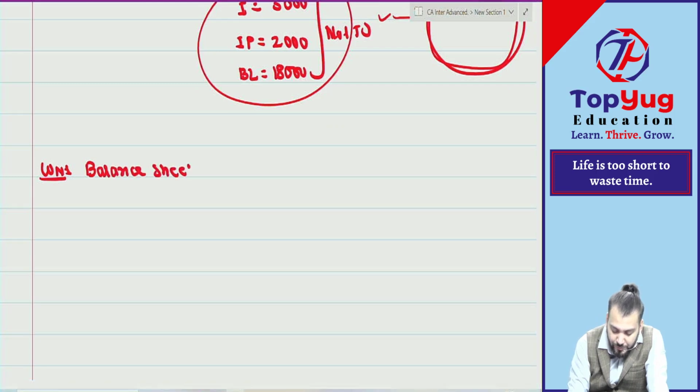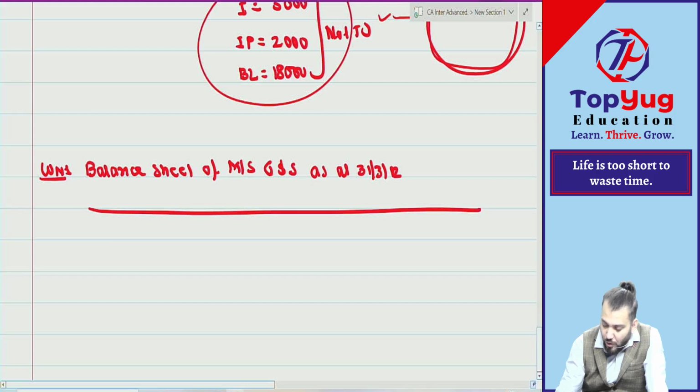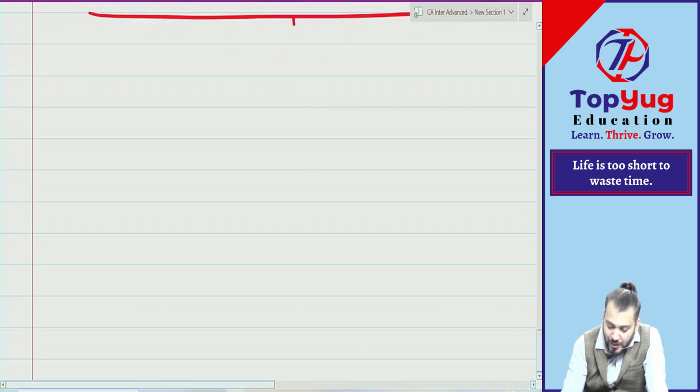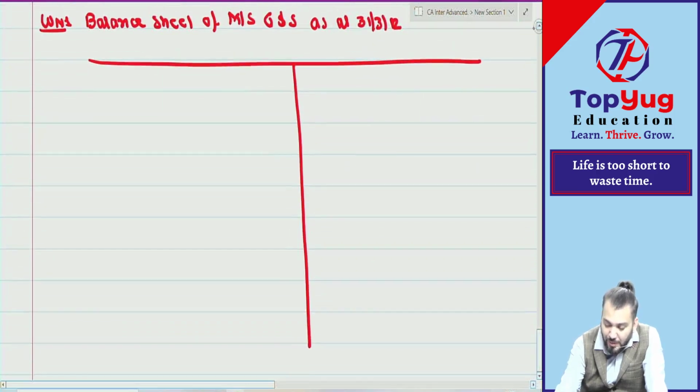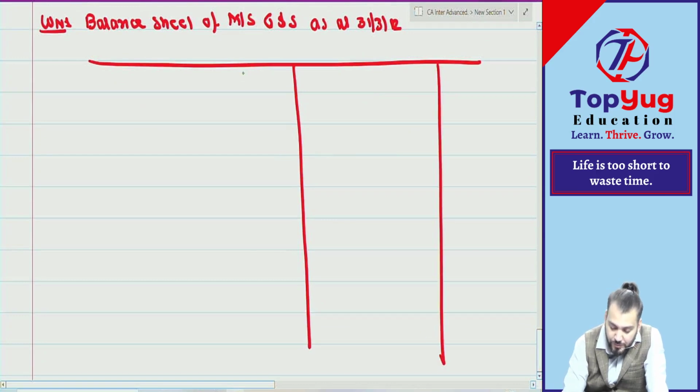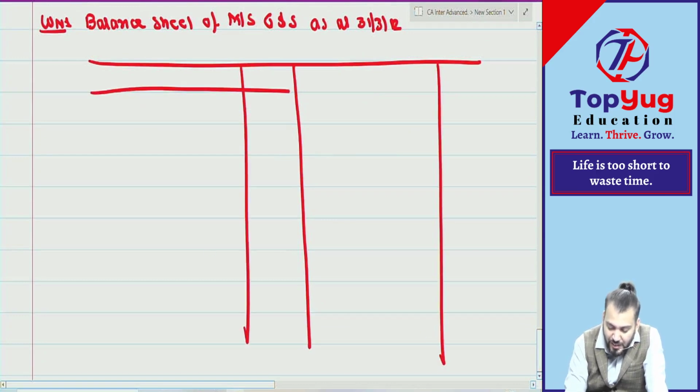The first balance sheet of Messrs. Gupta and Singh as at 31st March 2002. So can you give me all assets and liabilities at current book value? I have already written it in the timeline. First, can you give me the assets and liabilities taken over?